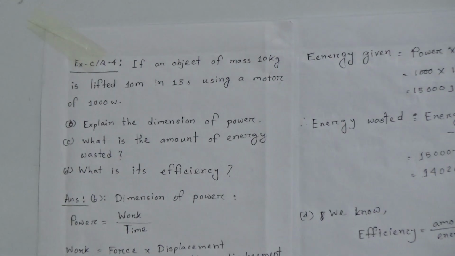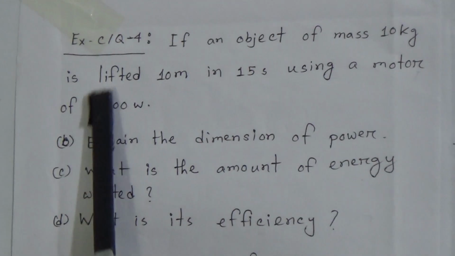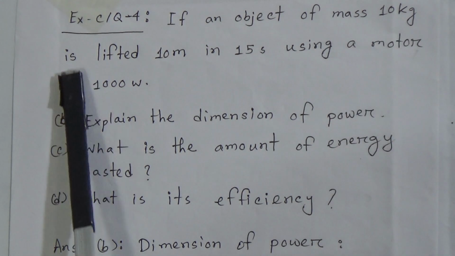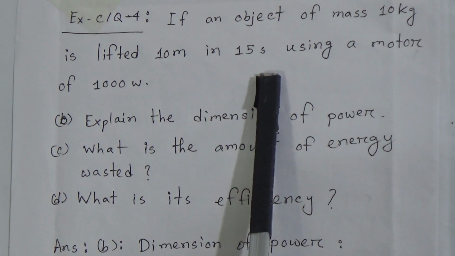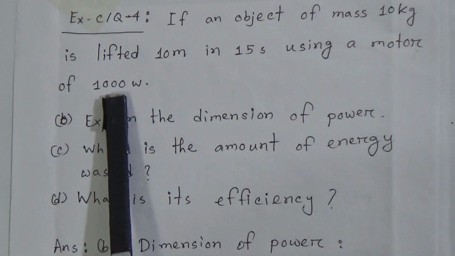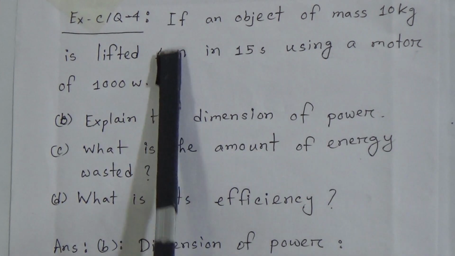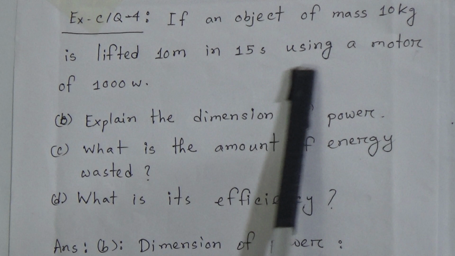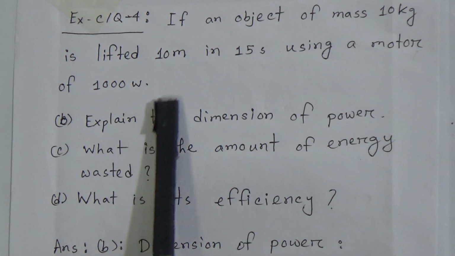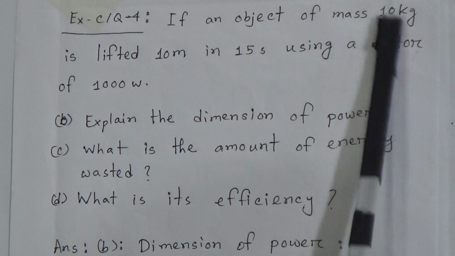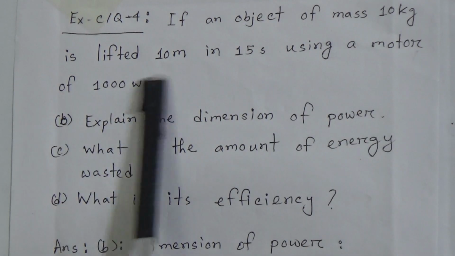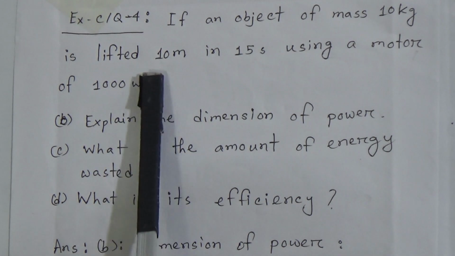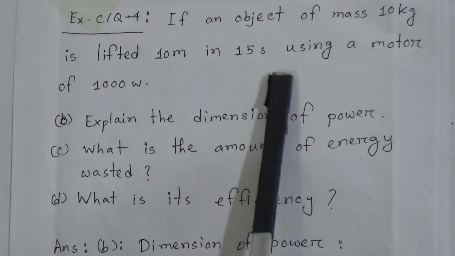Okay, at first CQ4, see the stem. If an object of mass 10 kg is lifted 10 meter in 15 seconds using a motor of 1000 watt. I am repeating, if an object of mass 10 kg is lifted 10 meter in 15 seconds using a motor of 1000 watt, that means here the mass of that object is given as 10 kg and it is lifted 10 meter, that means height h is given 10 meter and time is 15 seconds.